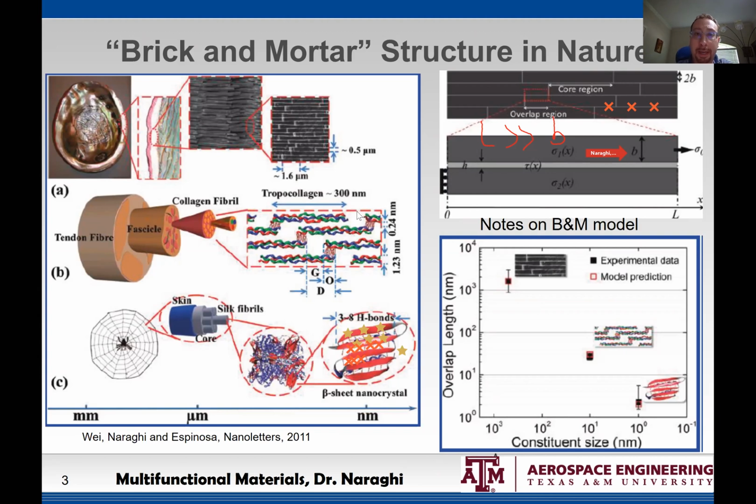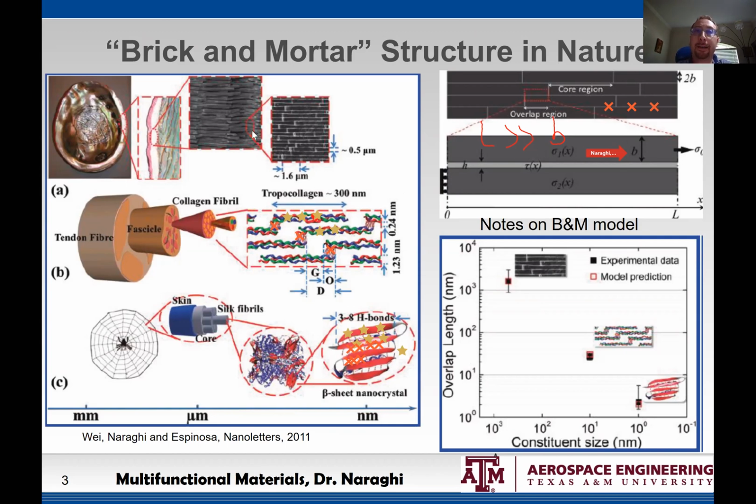Now, if you look at slightly larger length scales in our own bones, you still see these stiff components, and they are transferring load through these hydrogen bonds that I'm showing with X. Slightly larger length scale, but similar microstructure.